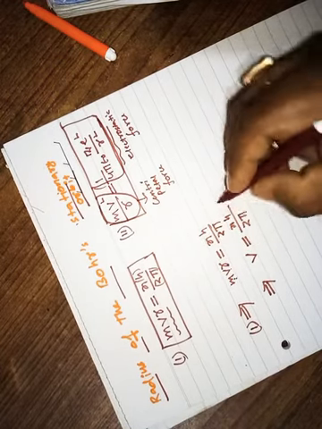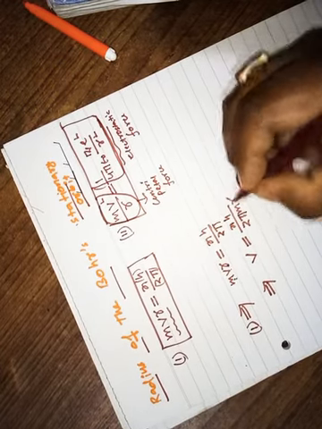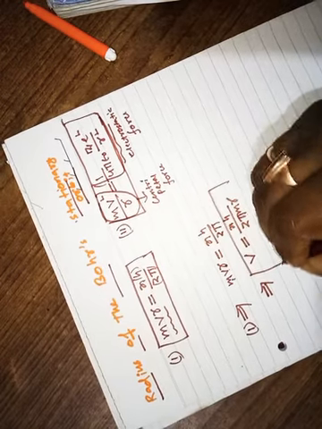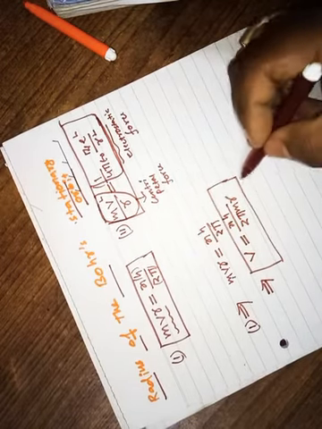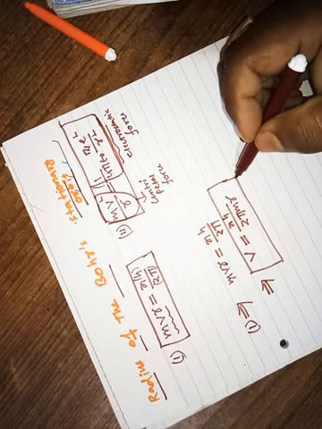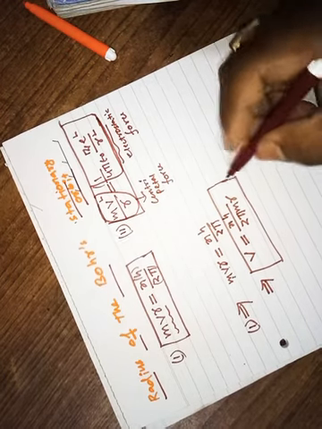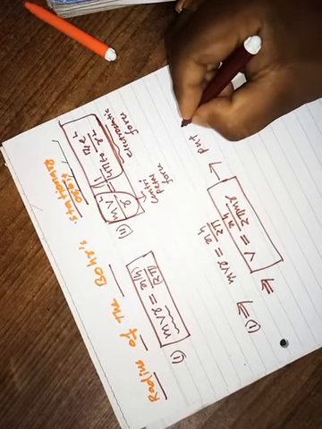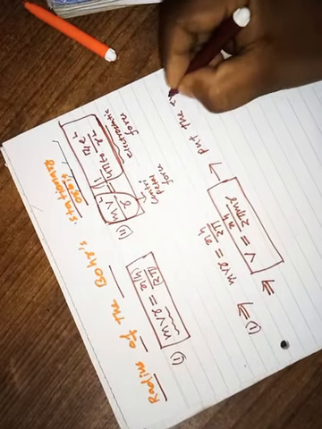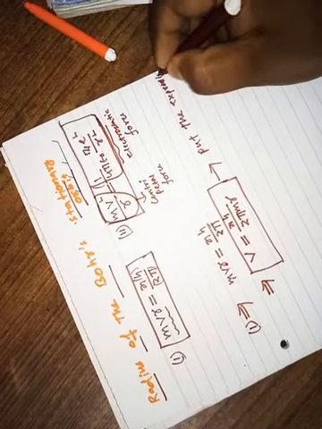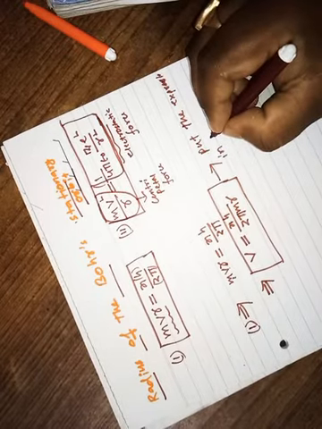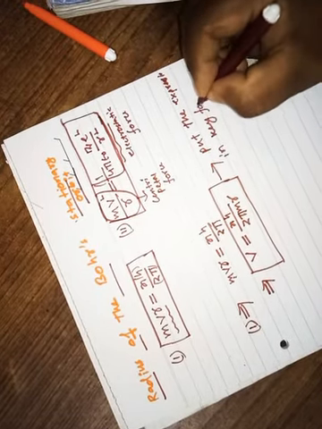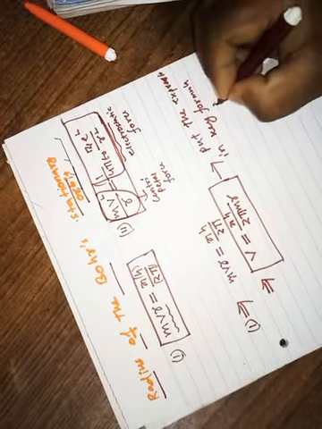M into r will go to the denominator. So from the first key formula we got the expression for velocity. Now we will put this expression of velocity in key formula 2. Okay, that is the trick.